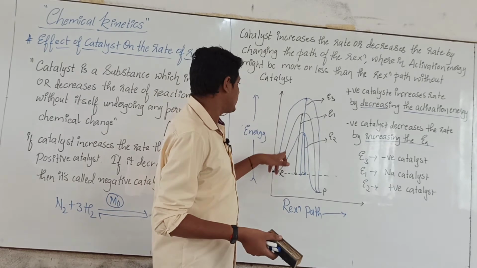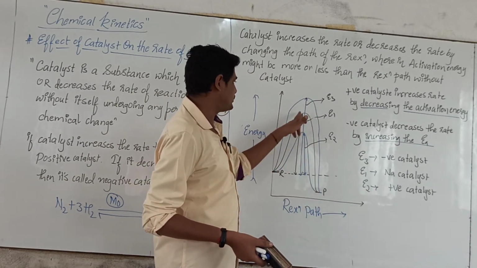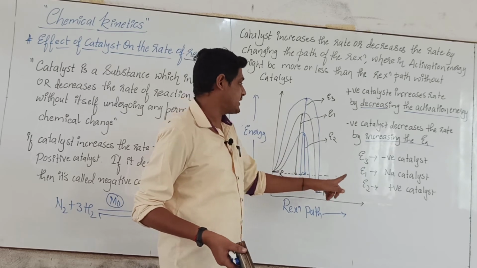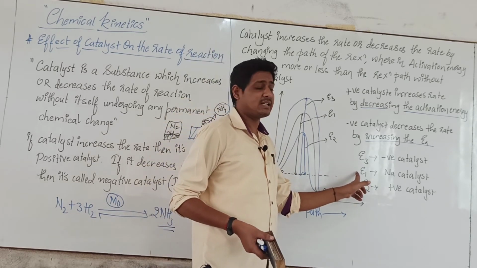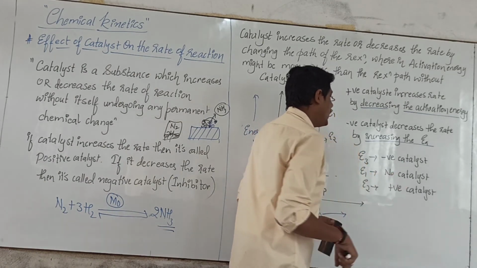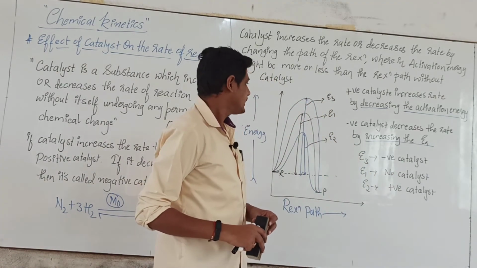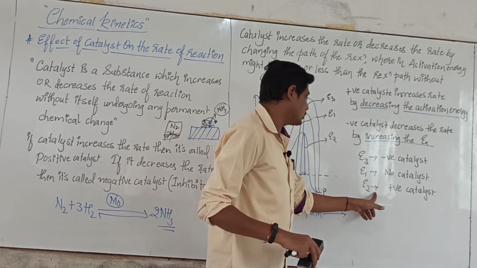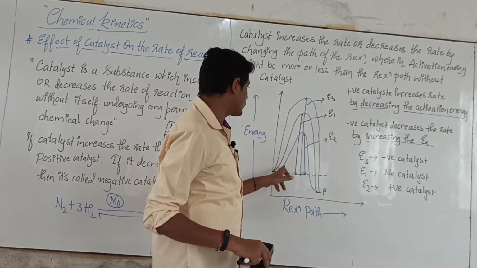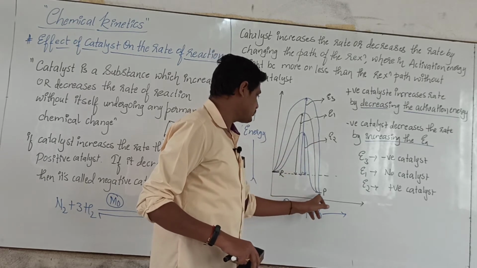Okay, so here the middle graph, in black color, is a reaction without catalyst. Here I have written E1, which means activation energy with no catalyst. Then what is E2? E2 is a positive catalyst. You can see the second one, which is in blue color.